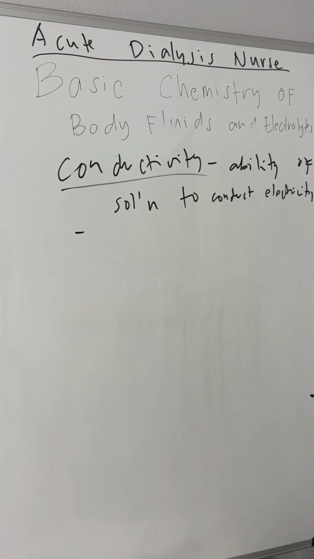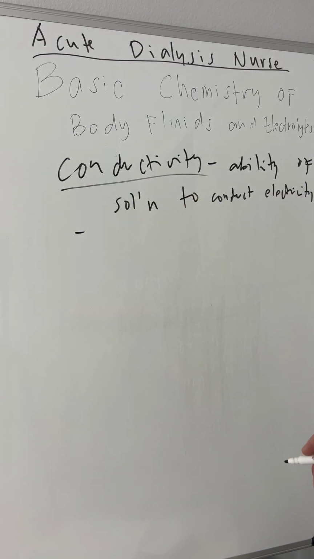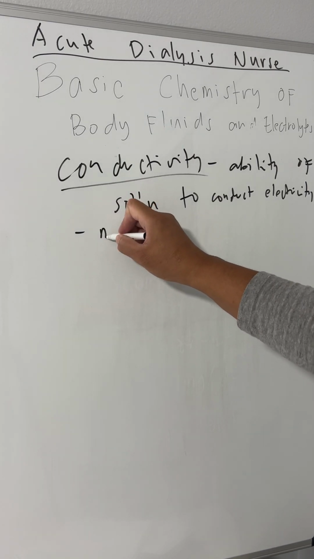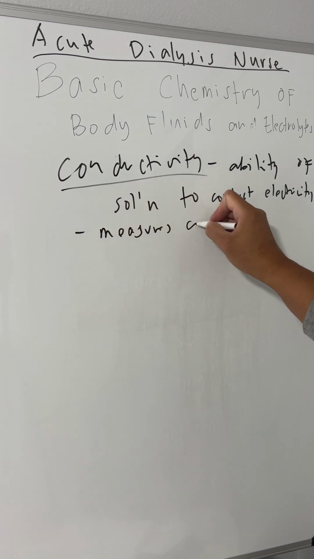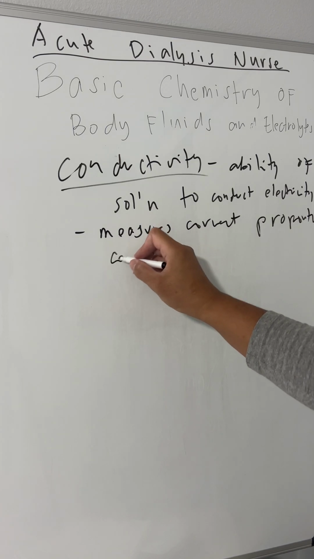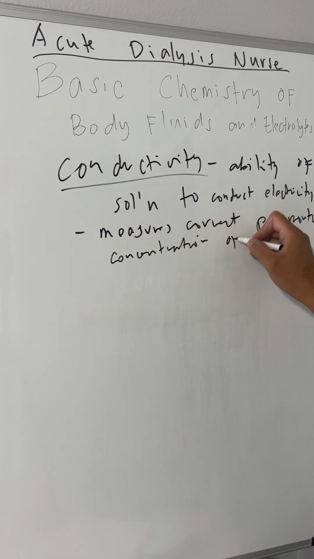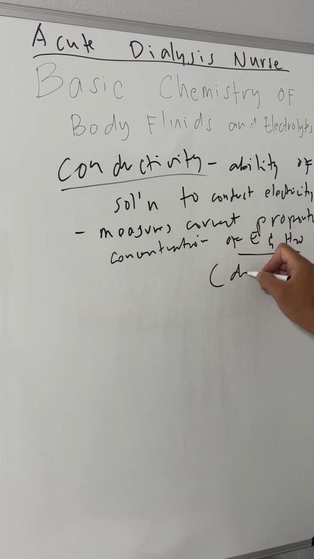Now we measure conductivity for the correct proportion, concentration of electrolytes and water. This one is called our dialysate.